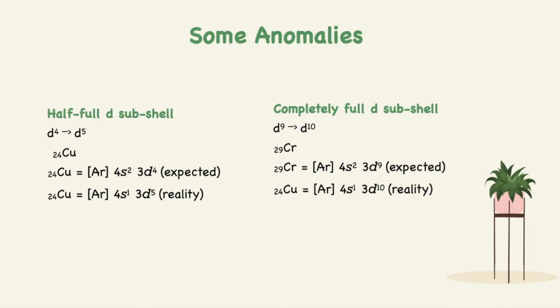We expect that the electron configuration will be argon and then 4s2 3d9, but the actual configuration is argon 4s1 and 3d10. So we move the s electron again into the d. So it will be 4s1 and 3d10. It is always like that.